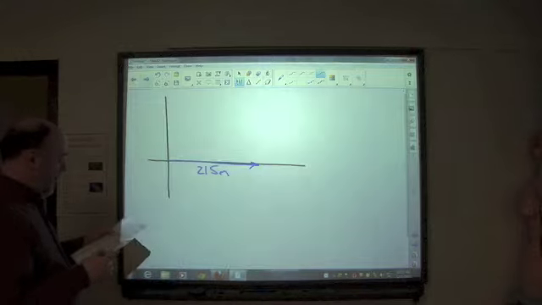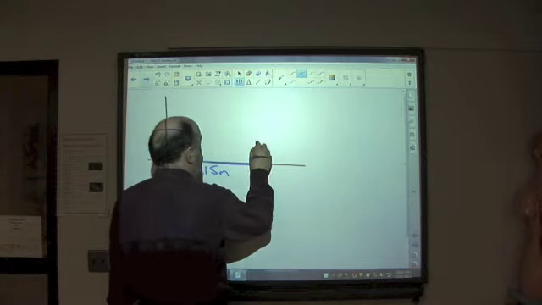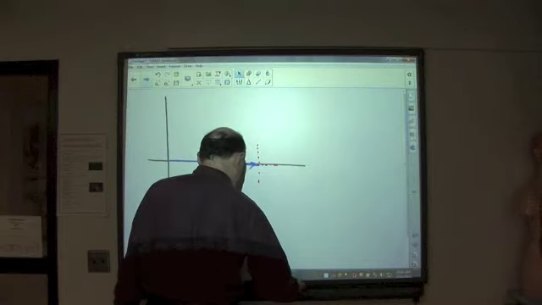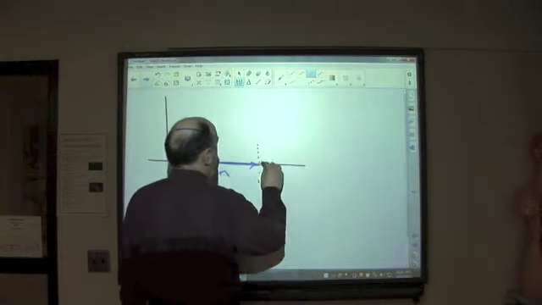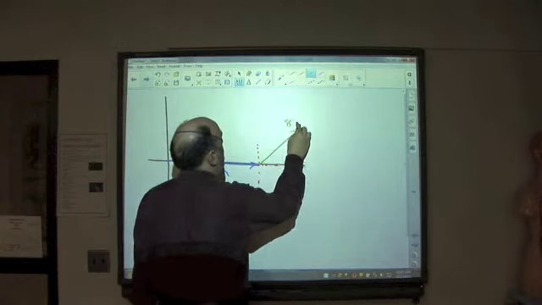And then at that point, we then take off at a 45-degree angle. So let's put a compass point here. And then from here, we go up at a 45-degree angle, and we go 85 meters in that direction.